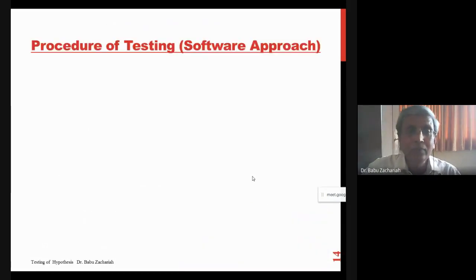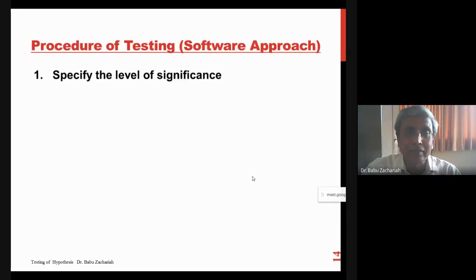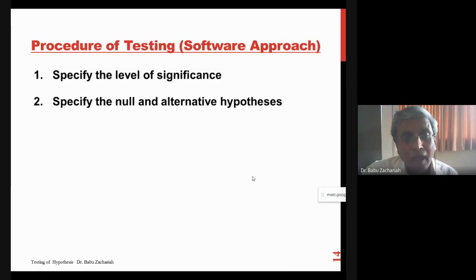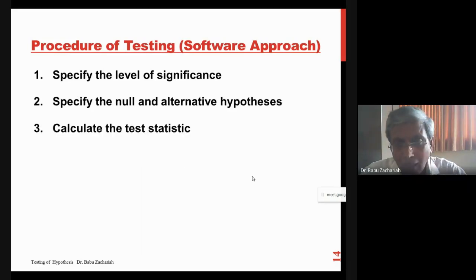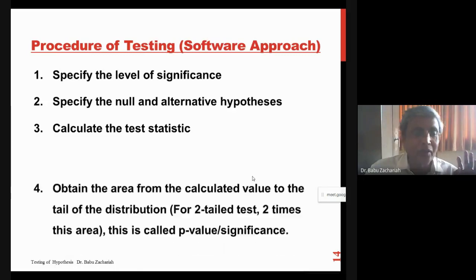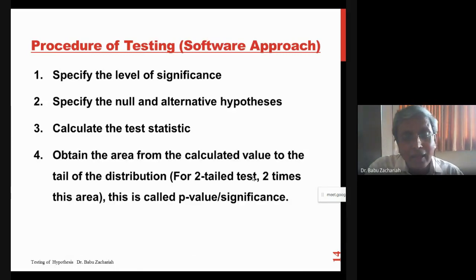Now, the procedure of testing is like this. Specify the level of significance, alpha, and specify the null and alternative hypothesis. Calculate the test statistic. You need not calculate, SPSS will calculate and give you. Obtain the area from the calculated value to the tail of the distribution. For a two-tailed test, 2 times that area.